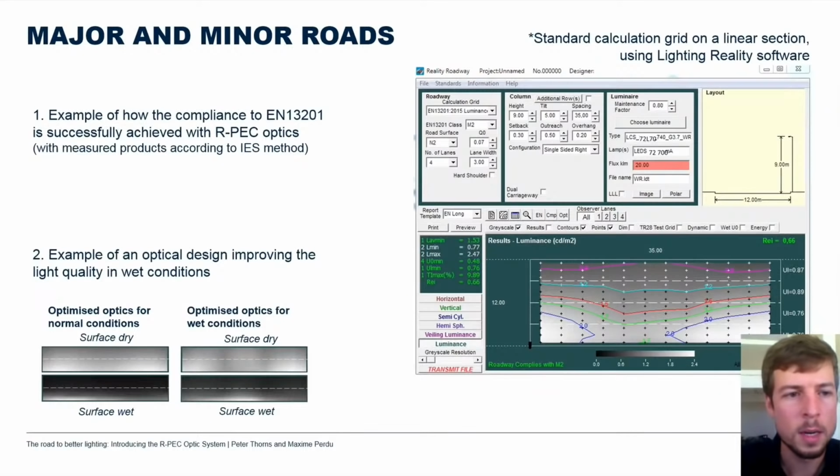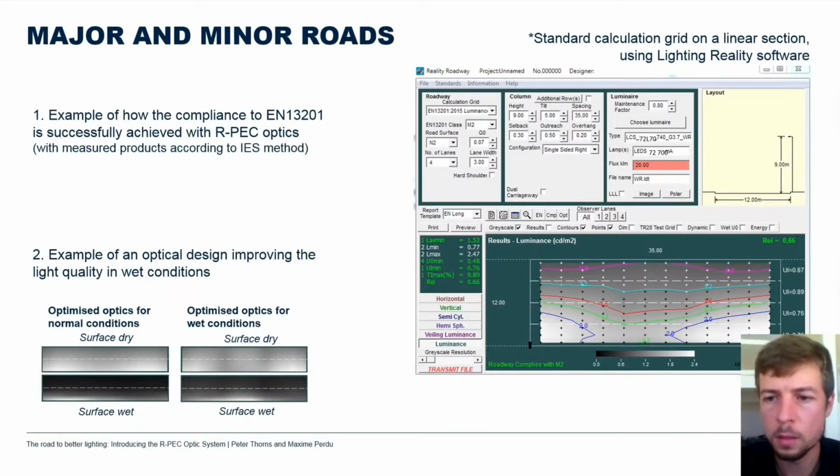So in this slide, there are two examples of lighting calculation we can make. It illustrates a difference between the optics I mentioned before. The first one would be the one on the right, which is a linear section we can simulate with the lighting reality software, and it shows that the uniformity from each point of the road of the standard grid can be calculated with the optic.